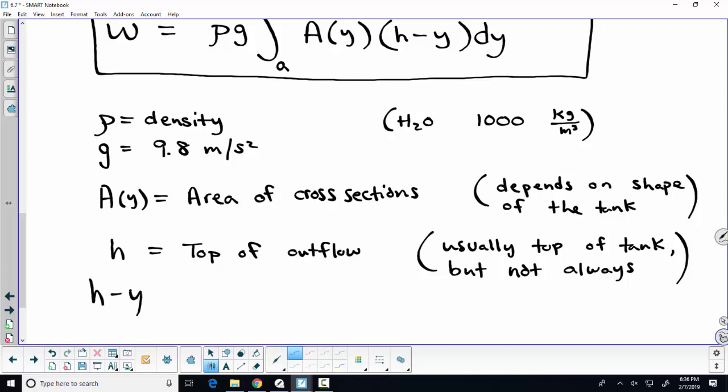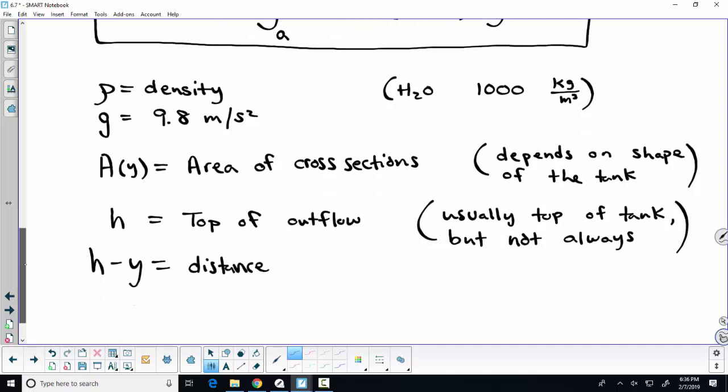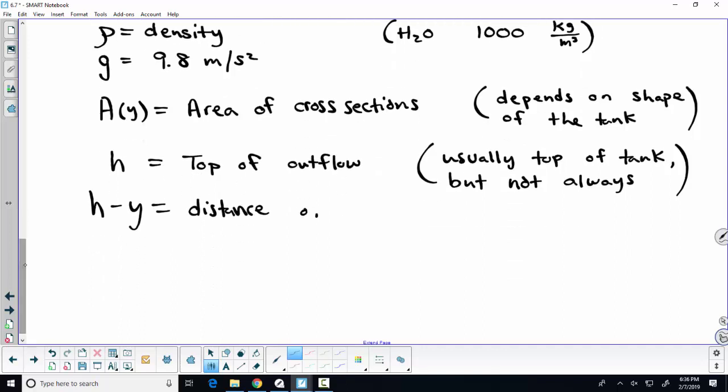So the h minus y, as we said, was the distance of lift. Our bounds: A is typically the bottom of the tank, or container or vessel.